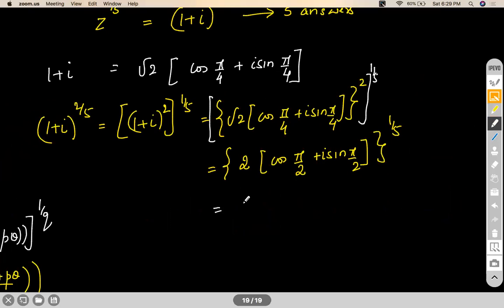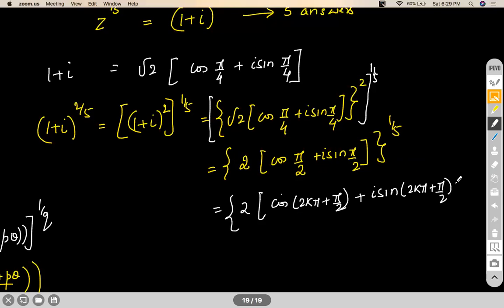Now remember the step which I told you. De Moivre said you can write cos pi by 2 as cos of 2k pi plus pi by 2 plus i sin of 2k pi plus pi by 2, whole raised to the power 1 by 5. Now introduce this 1 by 5. So it will be 2 to the power 1 by 5, and here you have to take the real value of this.